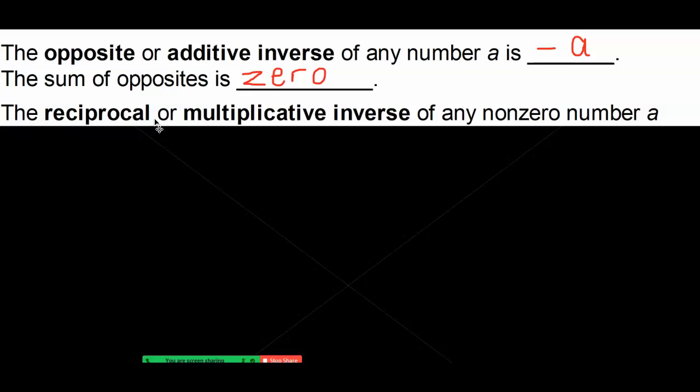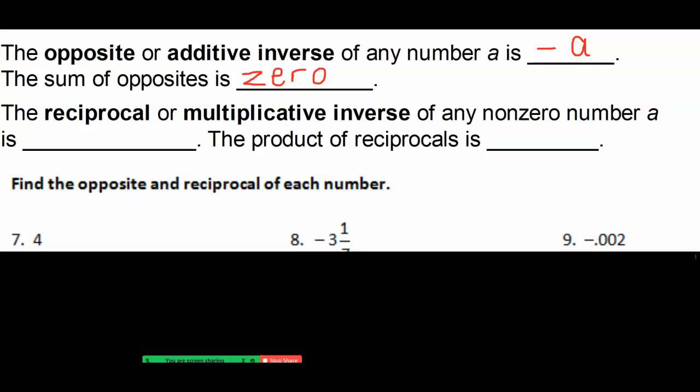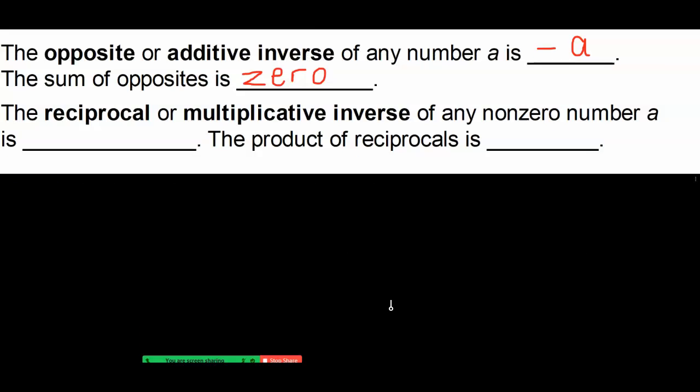The reciprocal, or also known as the multiplicative inverse of a number A, is 1 over A, such that if I multiply them together, the product of the reciprocals is 1.